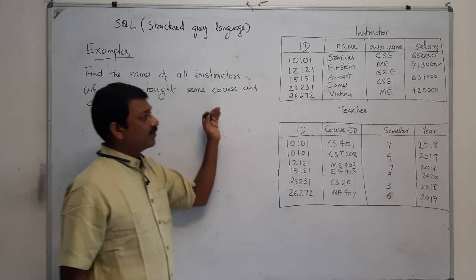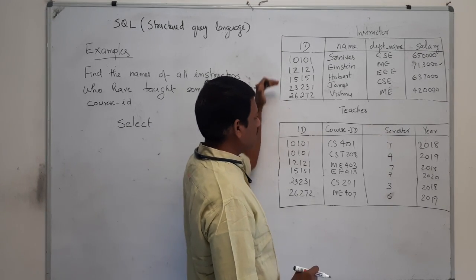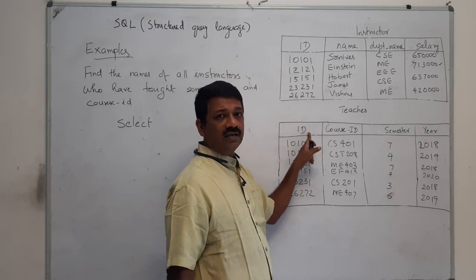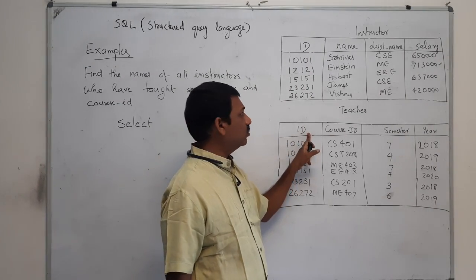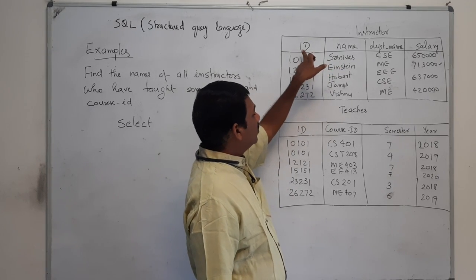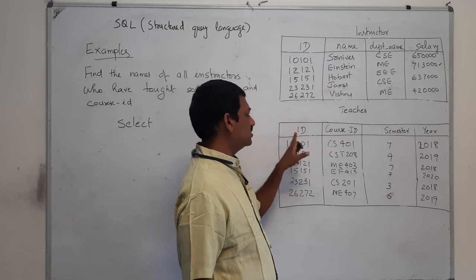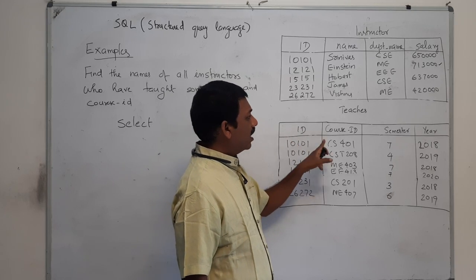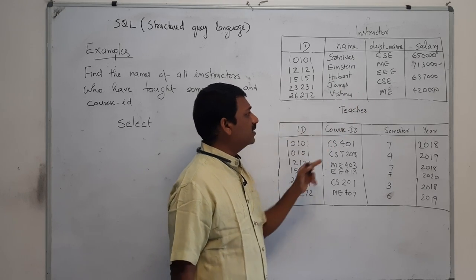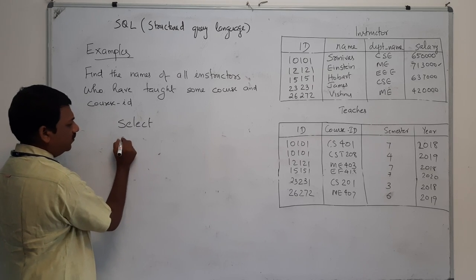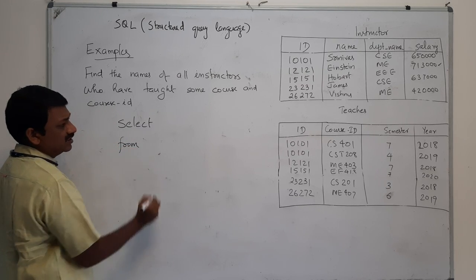Select... suppose that you are taking the cross product of these two, then this ID and this ID have the same attribute name. So you have to distinguish between this and this. This is instructor.id and this is teachers.id. And all other attributes are different. So select something from, you are going to have a Cartesian product.